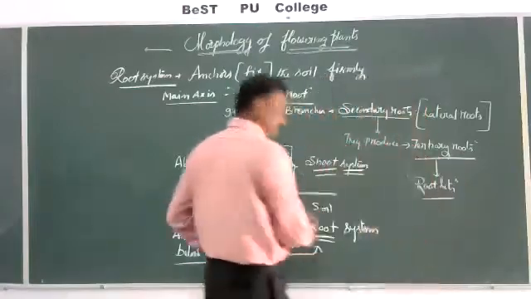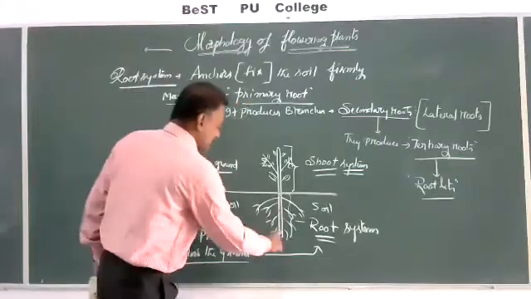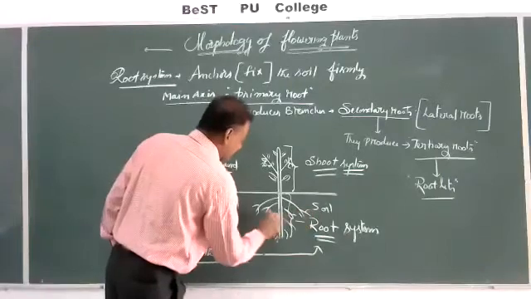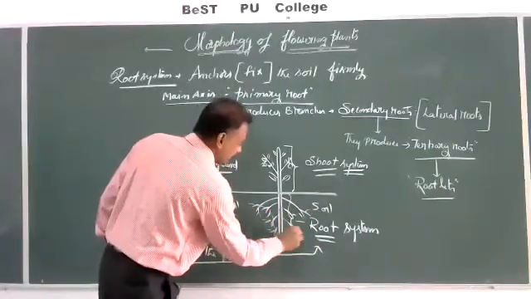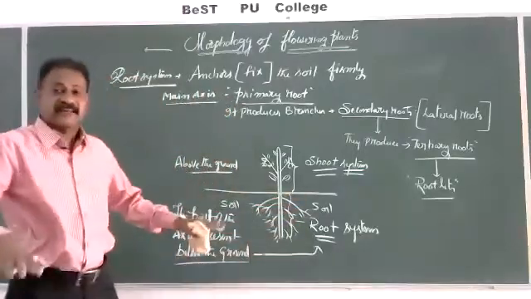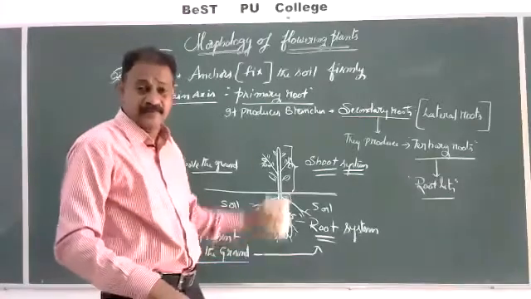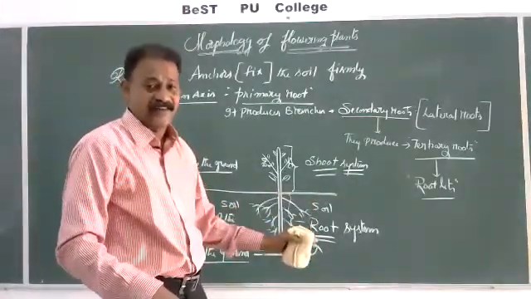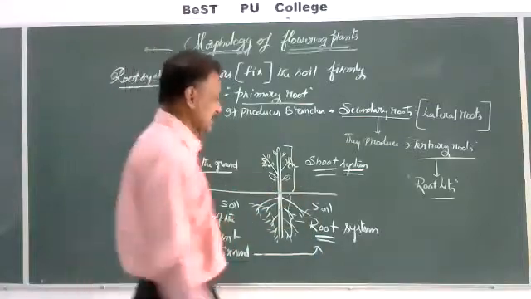So, like a network: primary root, secondary root, tertiary root, and rootlets. Like a network, the total roots present below the ground, inside the soil, are called the root system.